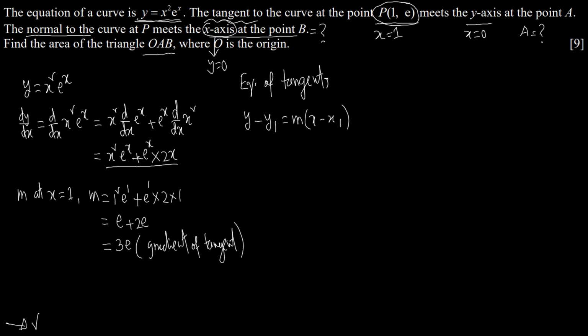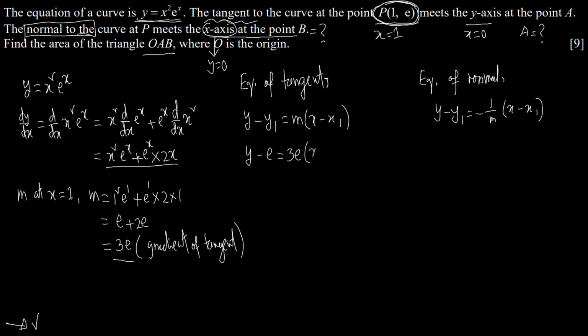The same information is used to find the equation of the normal, where we apply minus 1 by m: y minus y1 equals minus 1 by m times x minus x1, where x1 and y1 are 1 and e, the coordinates of P. So y minus e equals 3e times x minus 1.